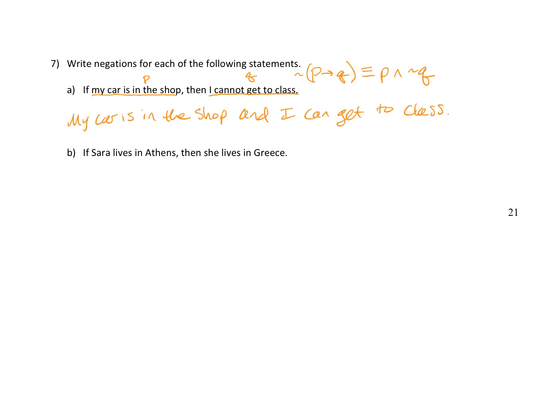So hopefully that feels like the negation, right? If my car is in the shop, then I cannot get to class. The opposite of that is that my car is in the shop and I can get to class.